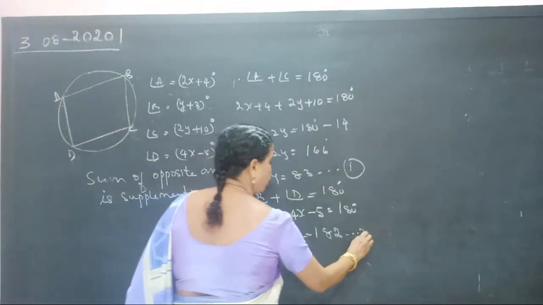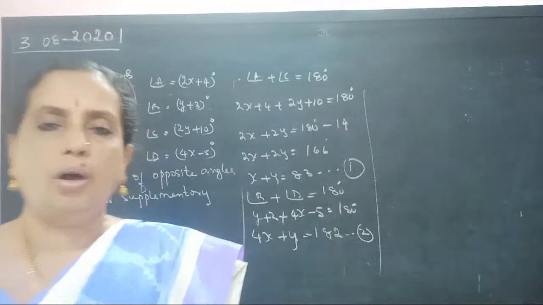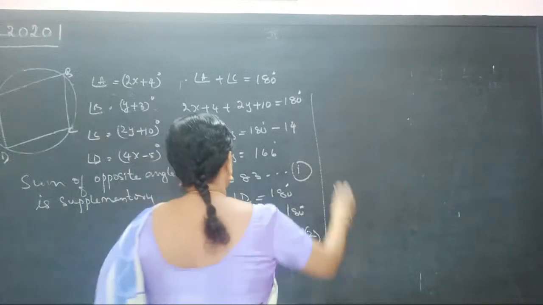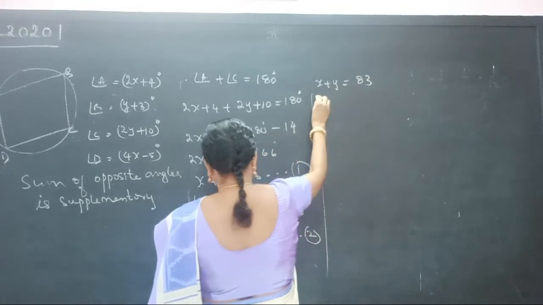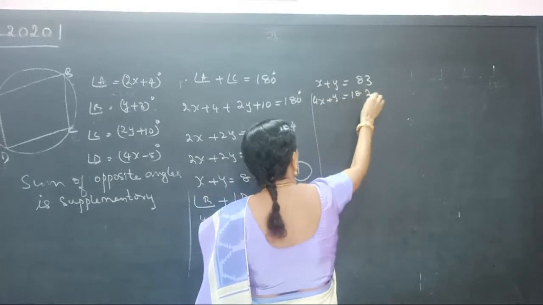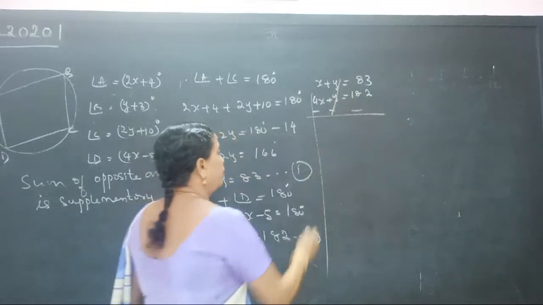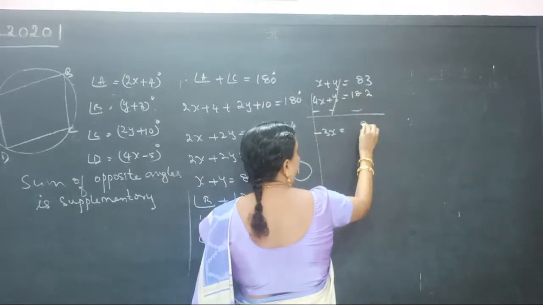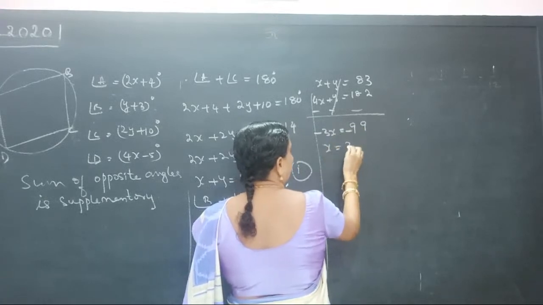Now here come two equations to solve, either by the substitution method or by the eliminating the coefficient method. That is x plus y equals 83, 4x plus y equals 182. On subtraction, the sign changes and y will get cancelled. We will get minus 3x equals minus 99, x equals 33.